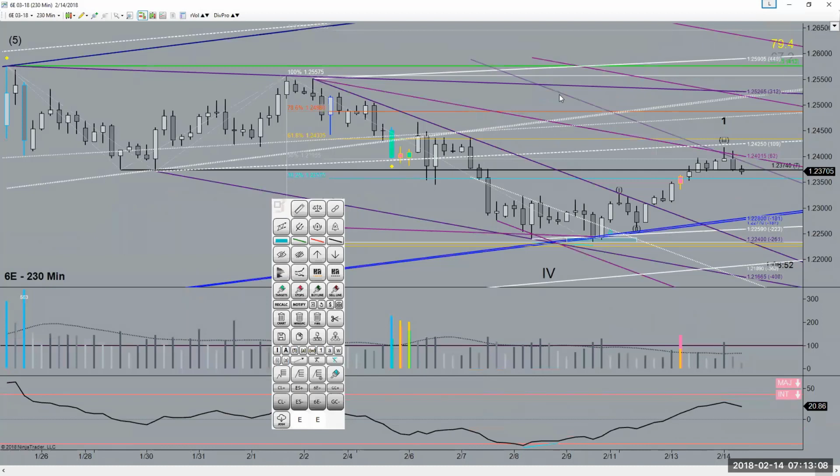It's even the 100% warning line of that downsloping channel there. See that? Got quite a few things coming together there.